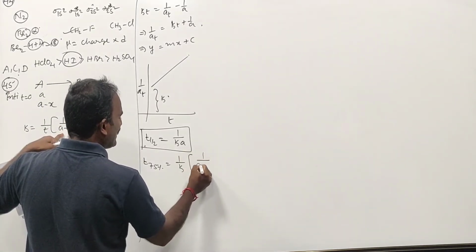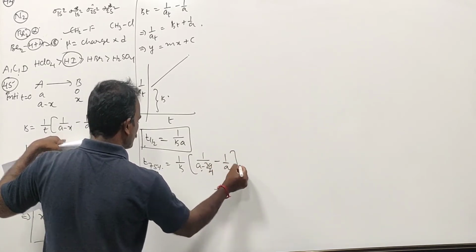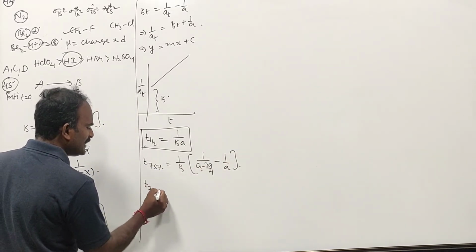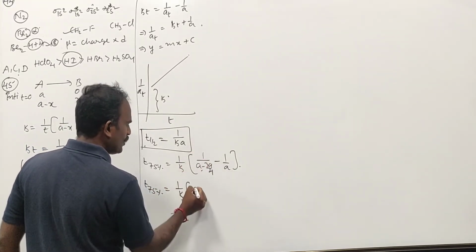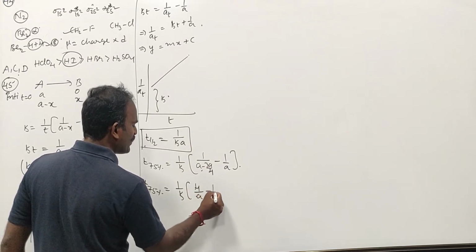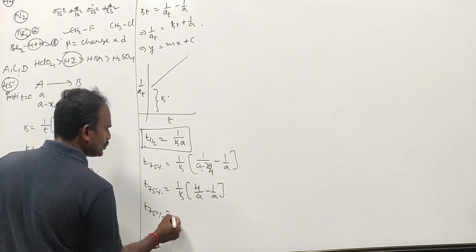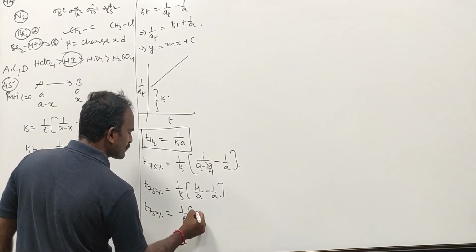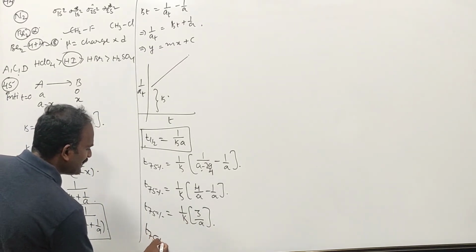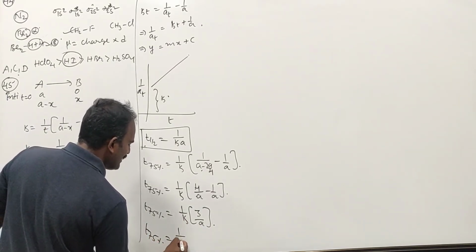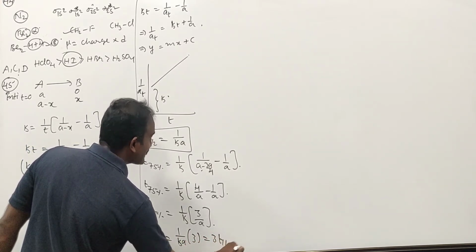So 1 divided by (A minus 3A by 4) minus 1 divided by A. t 75% equals 1 by K into 4 divided by A minus 1 divided by A. Therefore, t 75% equals 1 divided by K A into 3, that is equal to 3 into t half for a second order reaction.